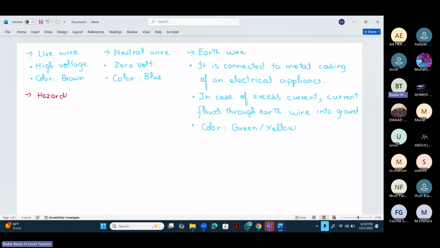Hazards of electricity. So the first one is insulation of the cable is damaged.